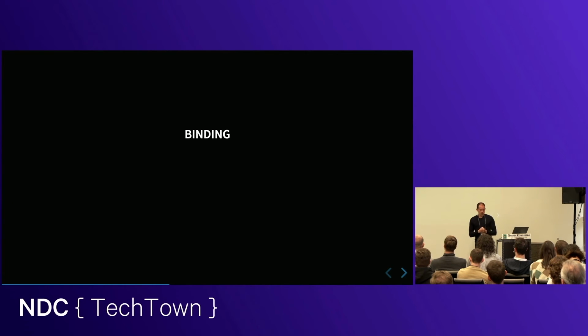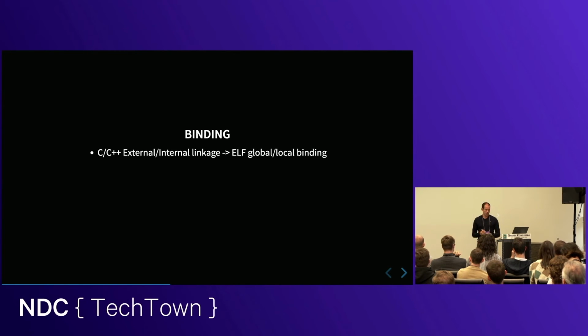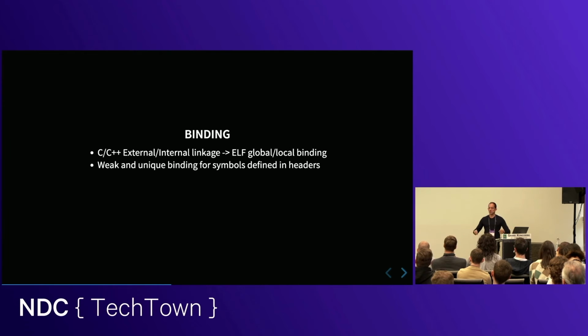So in summary, for binding, in C and C++, we have this language concept of external and internal linkage, and that's implemented on ELF with global and local binding. Then we have weak and unique binding as well to support things like anything that's defined in a header has a weak or unique symbol. That's the intuition to take away.